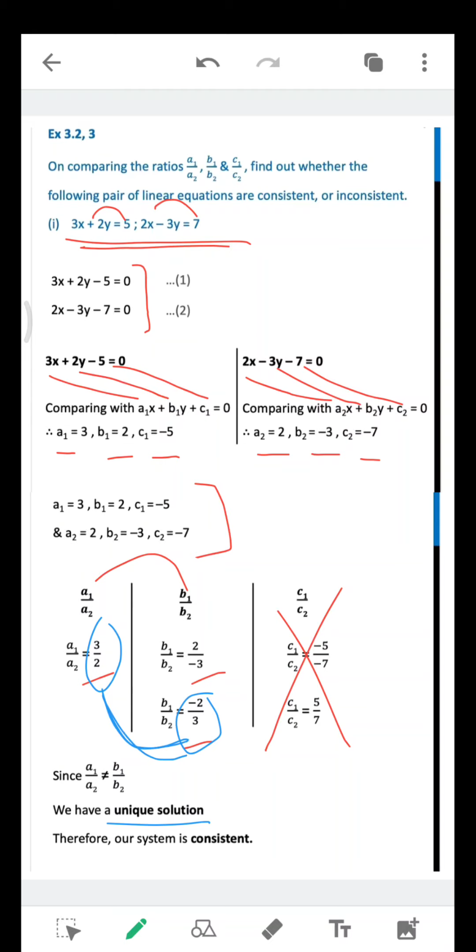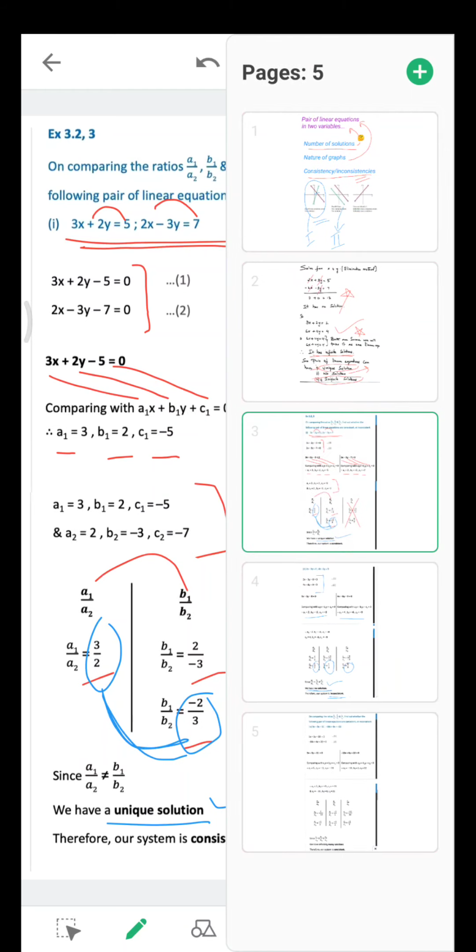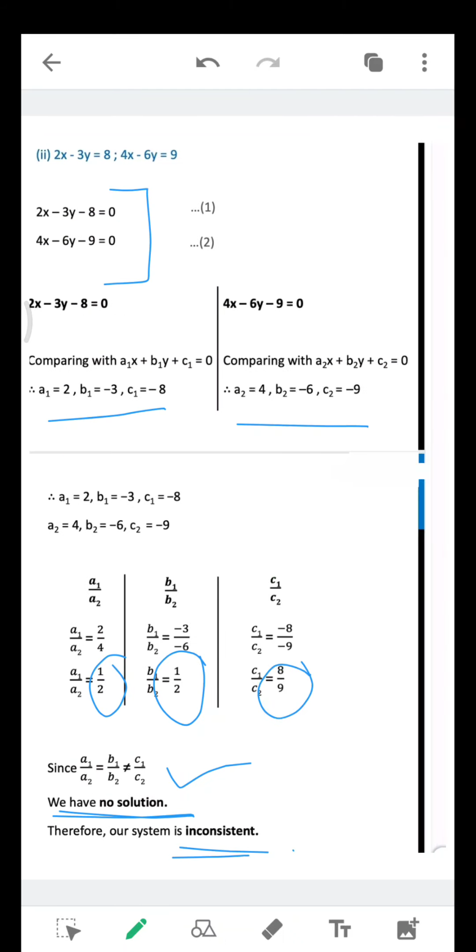So we did not go for c1 by c2. It's of no use even if you go. So looking at these two values, when they are not equal, we said unique. And for this one, looking at all these three, because these two are equal and this is not equal, we said that this type of equations have no solution.